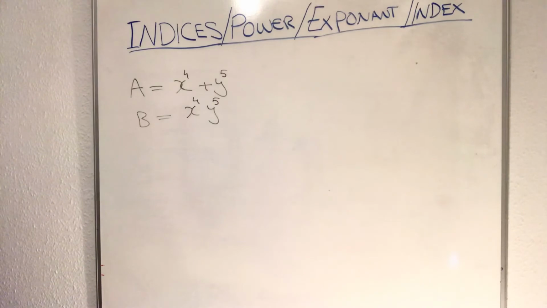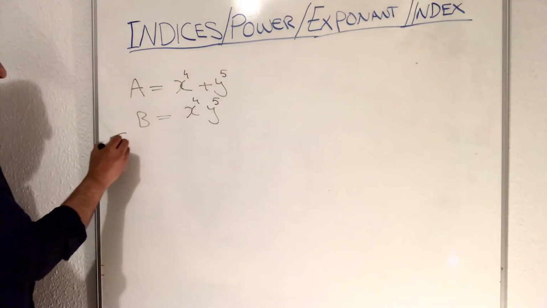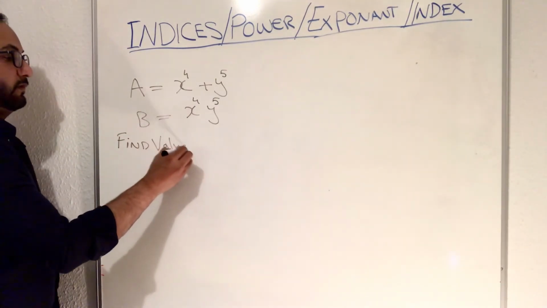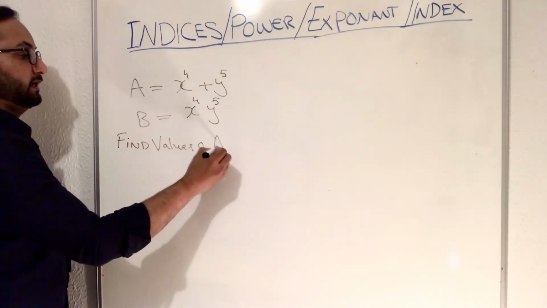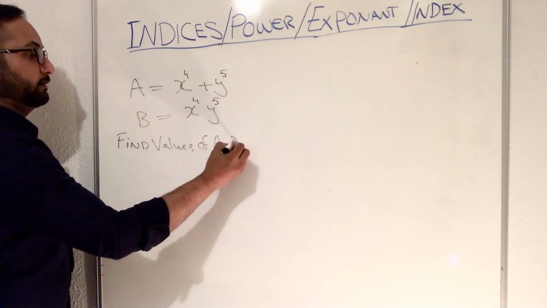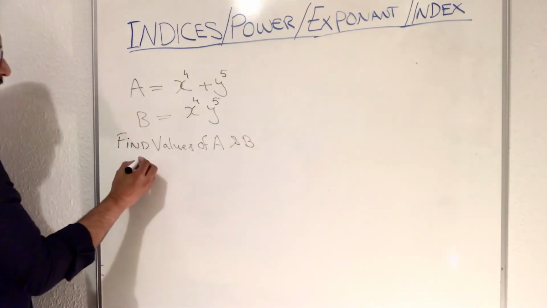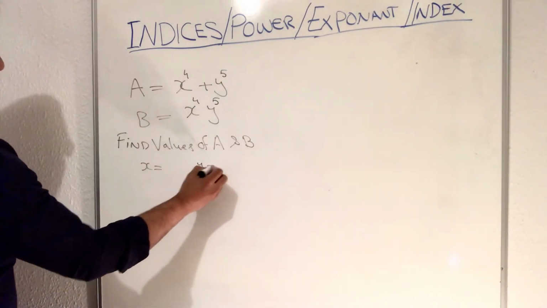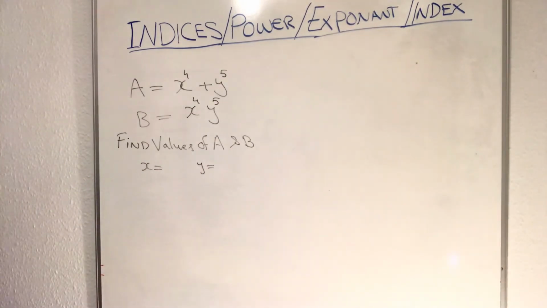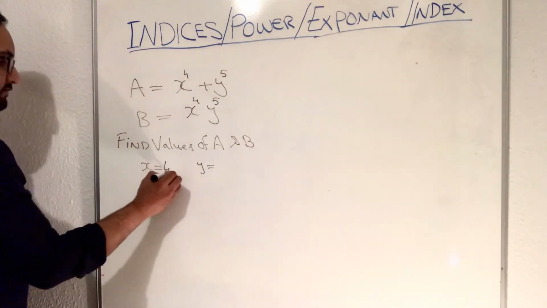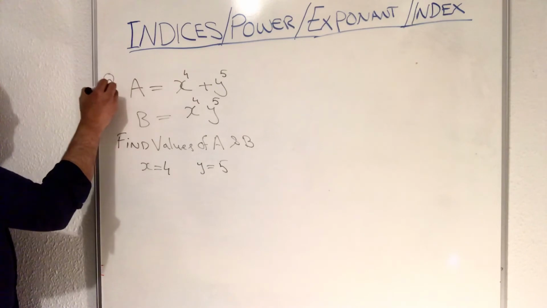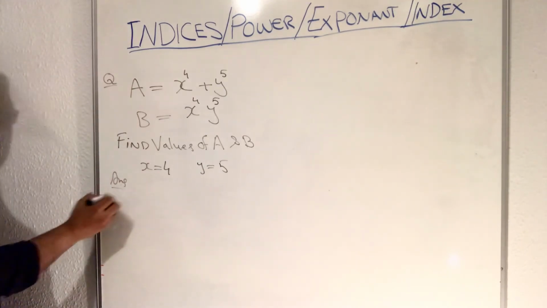They are asking to find the values of a and b, where x is equal to 4 and y is 5. This is the question, so we need to solve it.